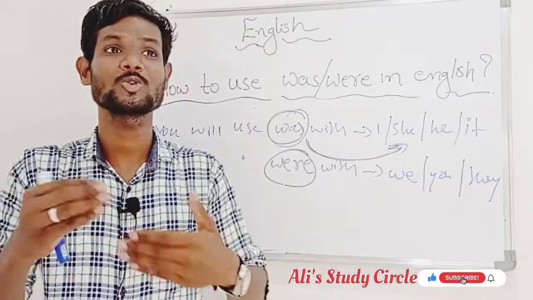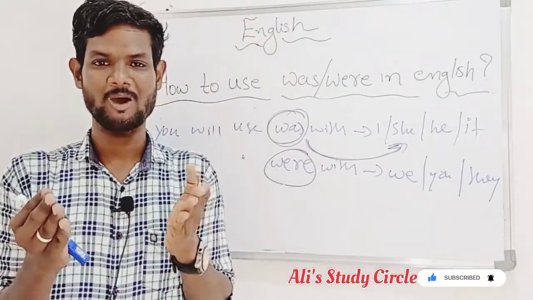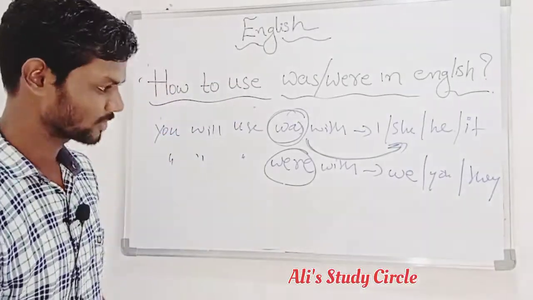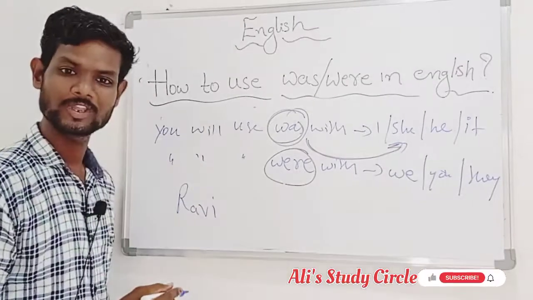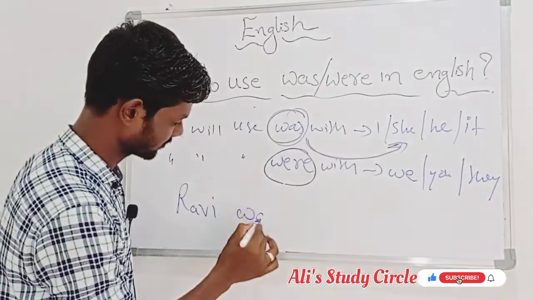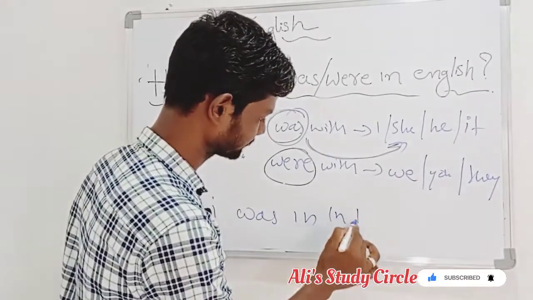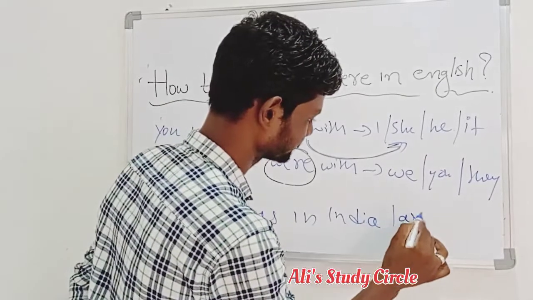At that time you must use was and were. For example, Ravi was in India. Ravi was in India last year.